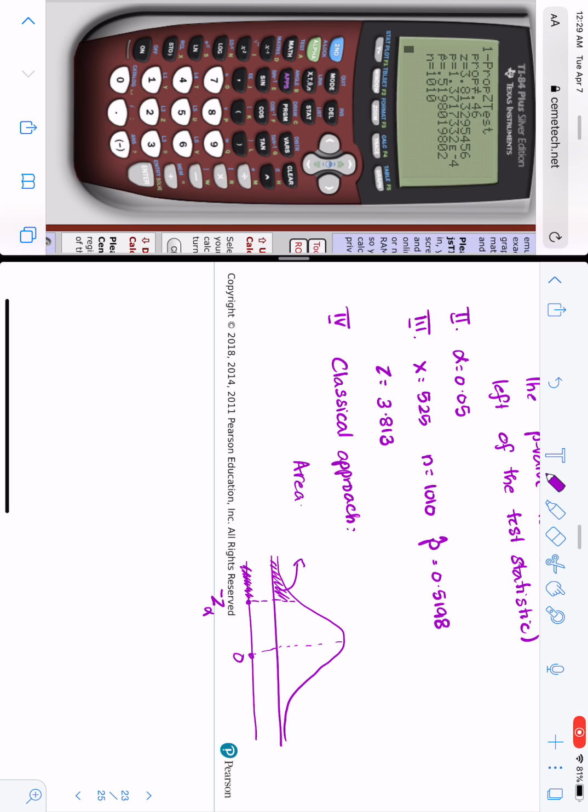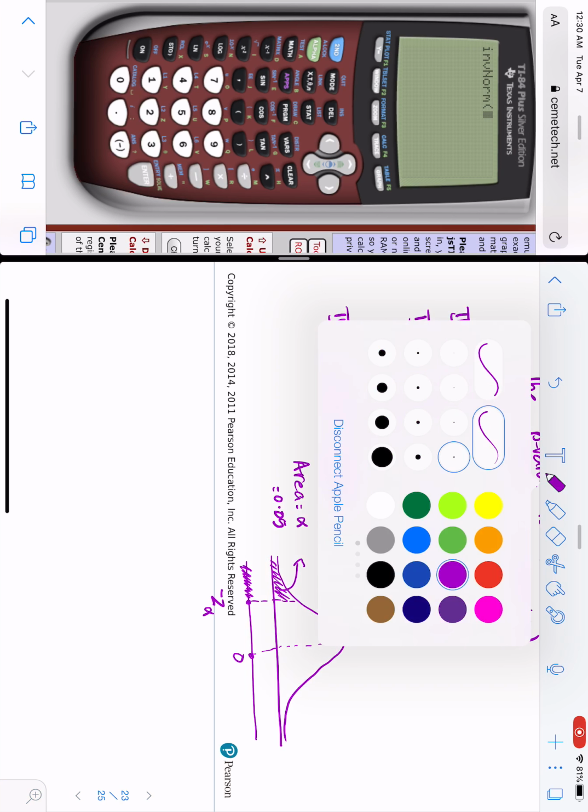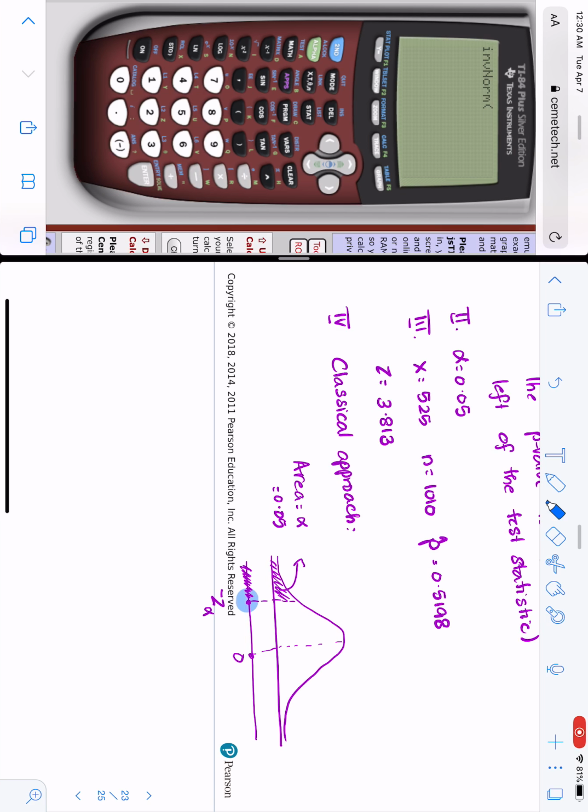Because the area is alpha, which is 0.05. So we can find that critical value using inverse norm. The area below that point is 0.05, so what we are trying to find is negative z sub 0.05.